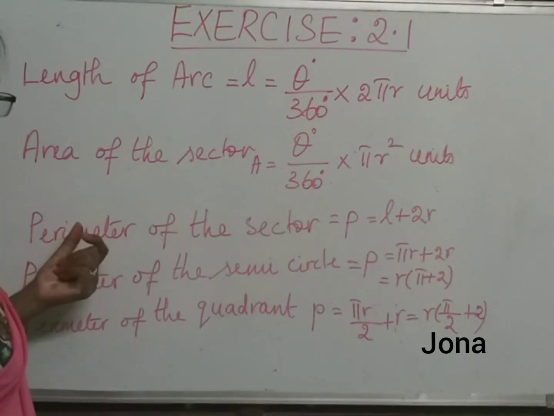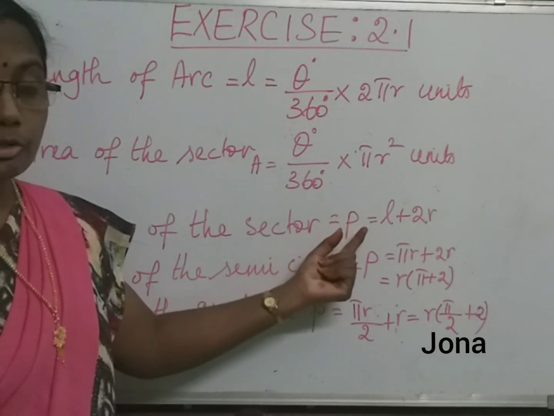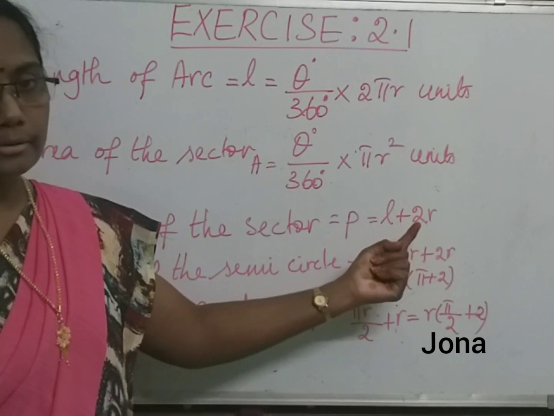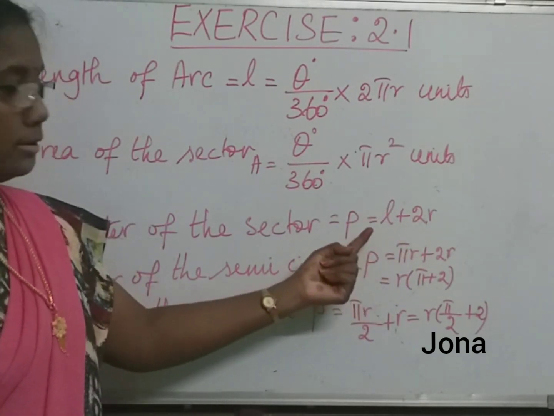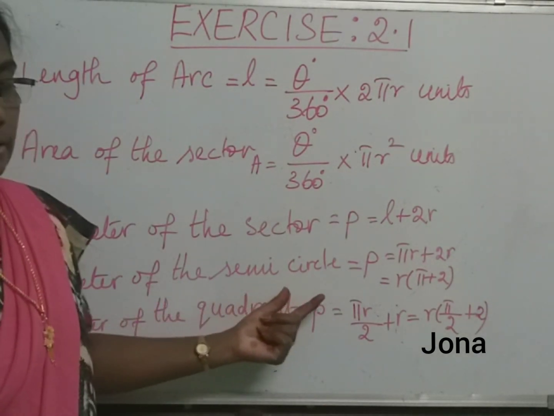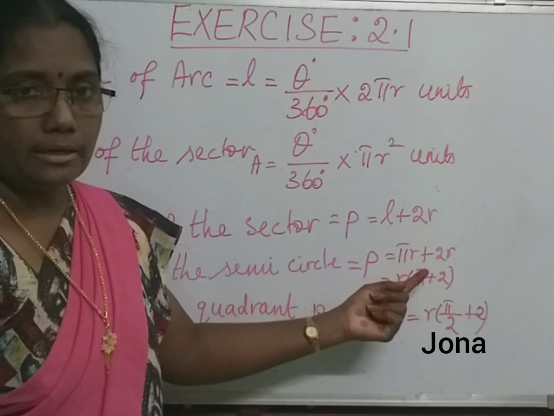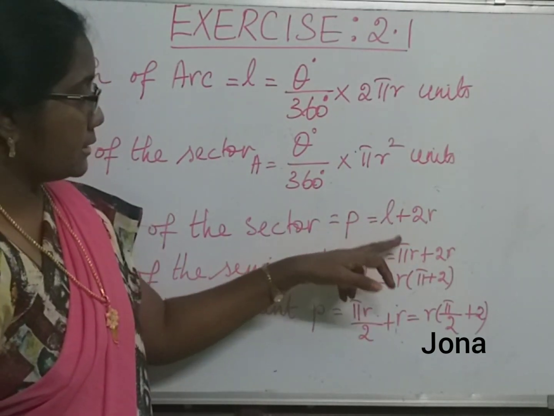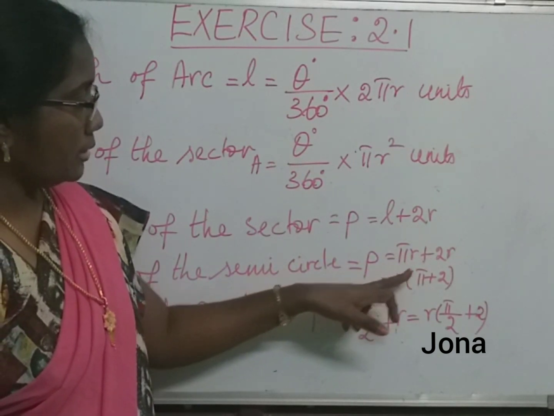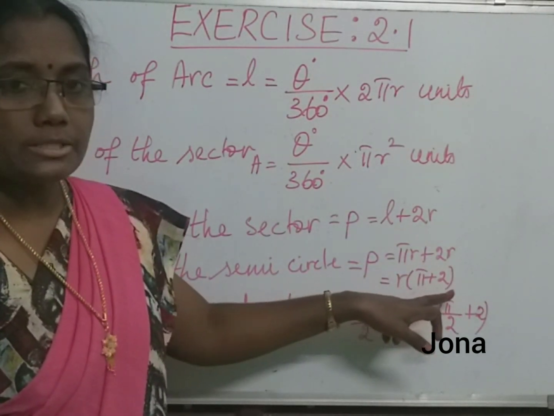And then the perimeter of the sector, as I told you already, P equal to L plus 2R. The two radii are there and one length of the arc. And then the perimeter of the semicircle. The semicircle is half of the circle. Half of the circumference is pi r plus 2r. So we can take r as a common factor: r into pi plus 2.